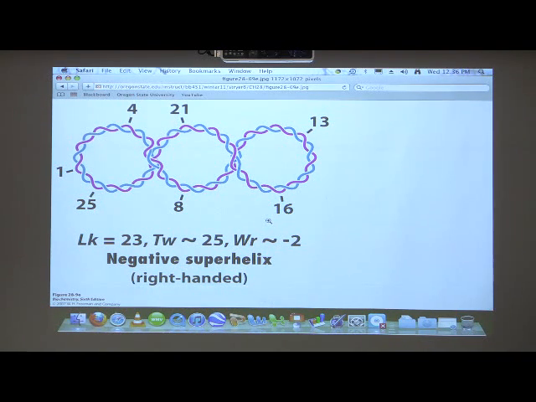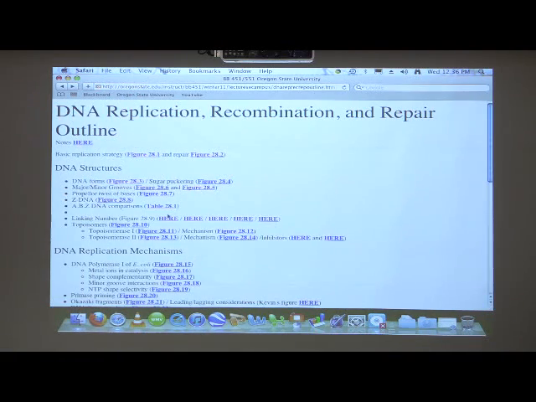Before we had 250 divided by 23. Now we've got 250 divided by 25. We're back to 10 base pairs per turn. Does that make sense? No. Let me start over. What I'm describing sounds very complicated, and I'm probably making it worse than it is.